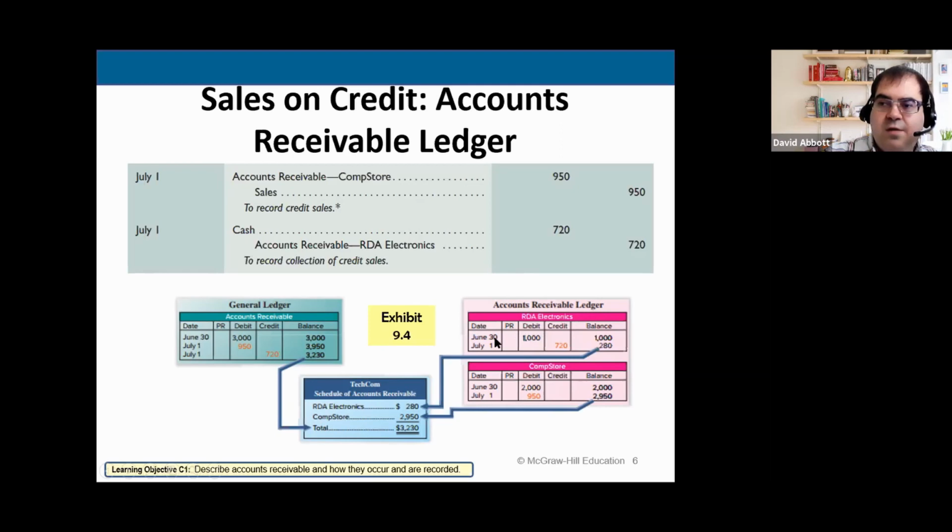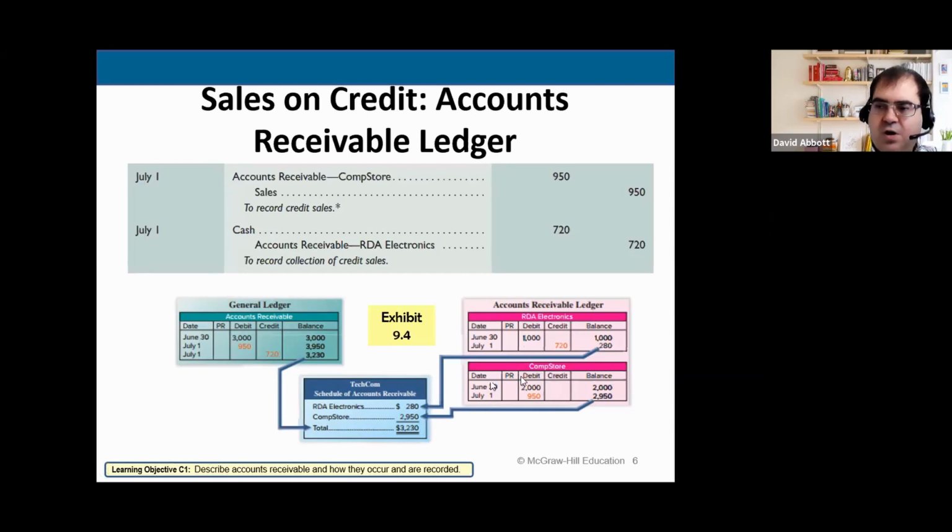So on June the 30th, we see that RDA Electronics made a purchase of $1,000 from us. So we sold them $1,000 worth of merchandise. So that's what they owed us. Then you see that on July the 1st, they paid $720. So we subtract $720 from $1,000, they still owe us $280.